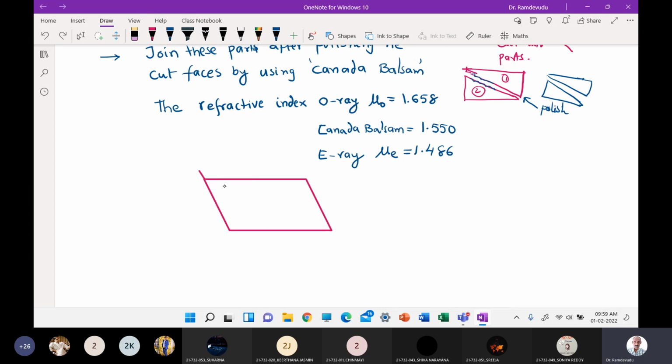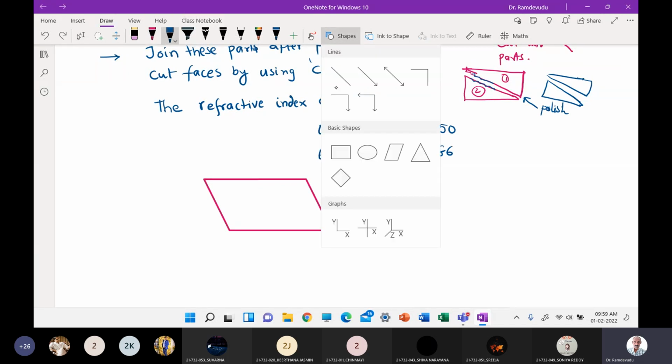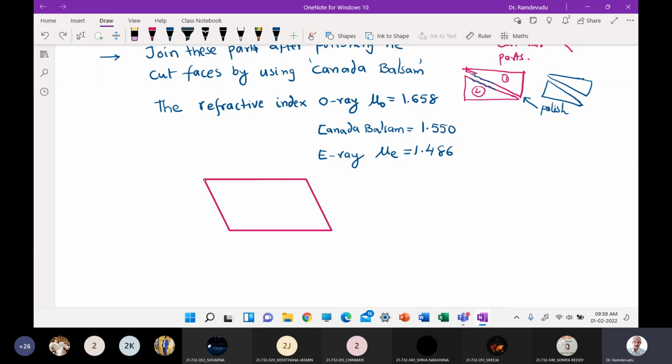So I draw it and cut into two faces, something like this. I'll take a different color here. So I cut this something like this, and this is the cut part of it.